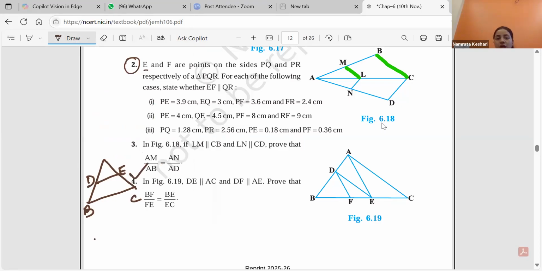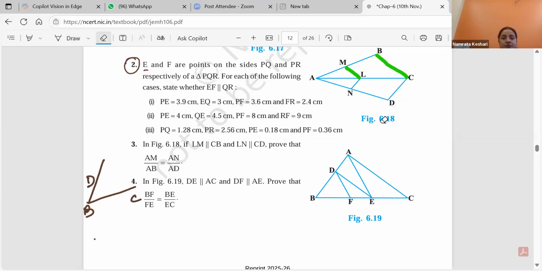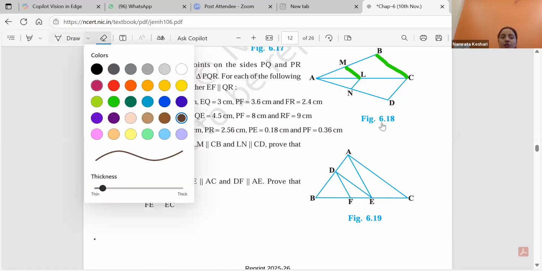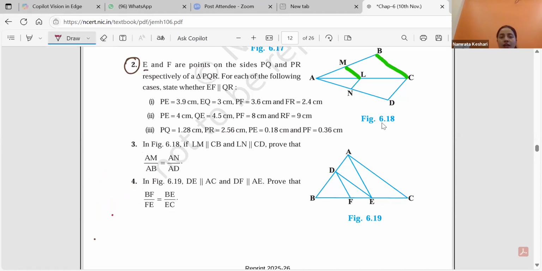Ma'am, triangle ABC and ADC. Yes, we will be taking triangle ABC. Focus on ABC. At first, we will be taking ABC. Then only we can say that one of the sides of this triangle, BC, is parallel to LM.